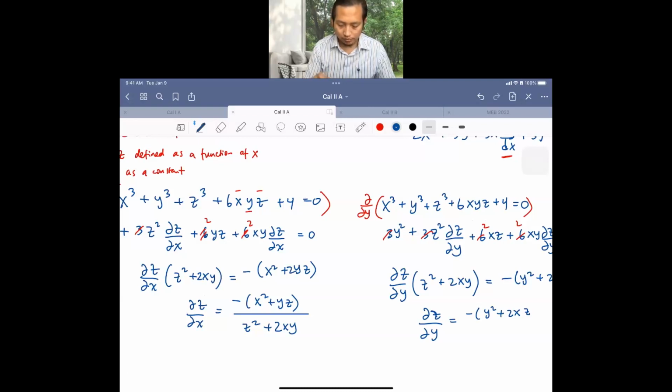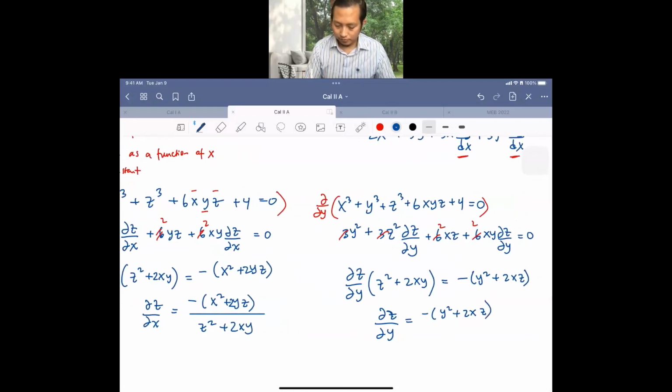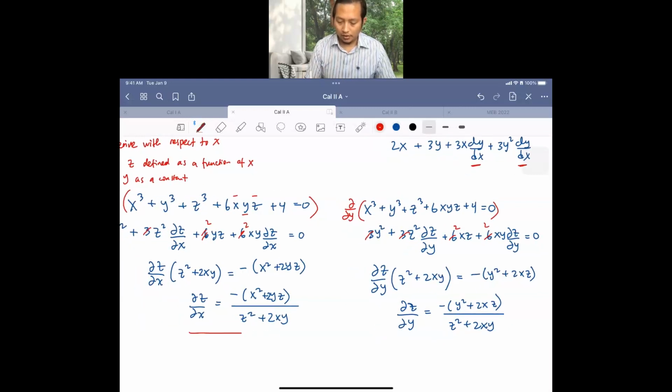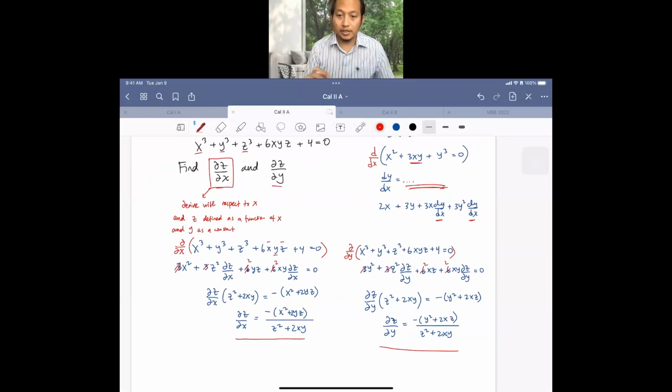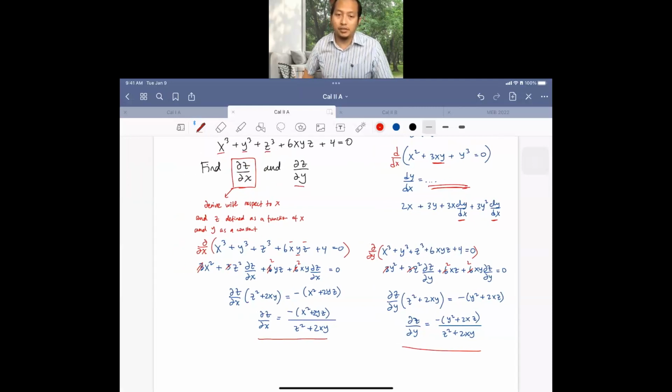This is 2 also. So we can also use the implicit technique to solve partial derivative problems. Okay. Any questions?